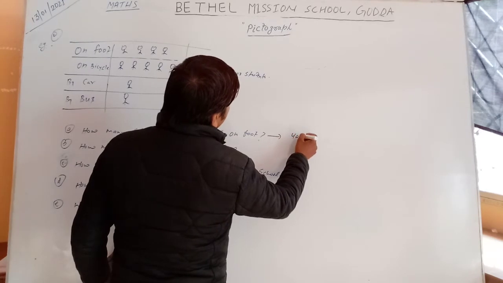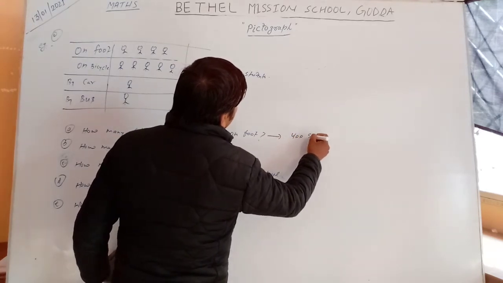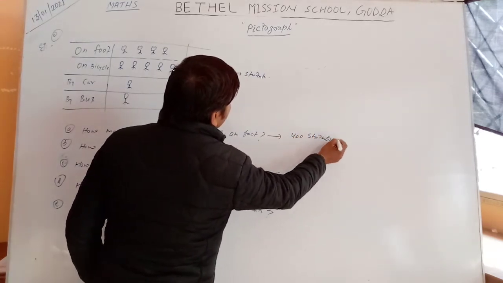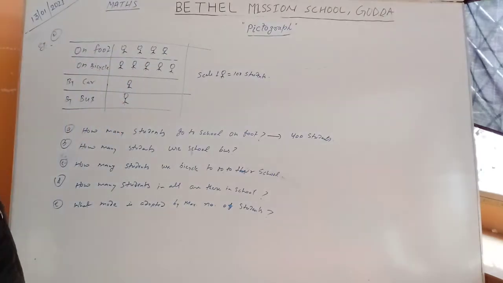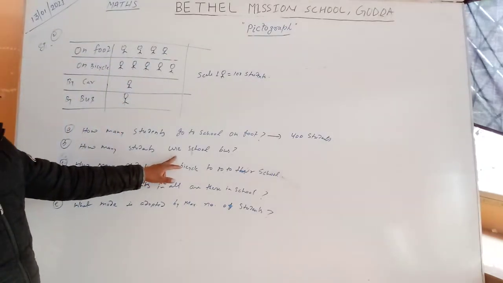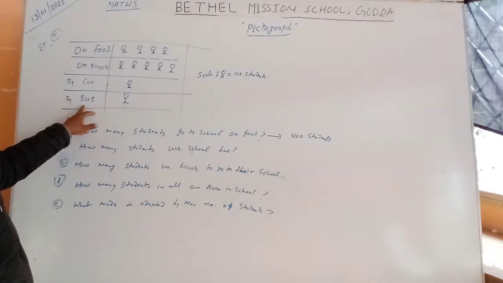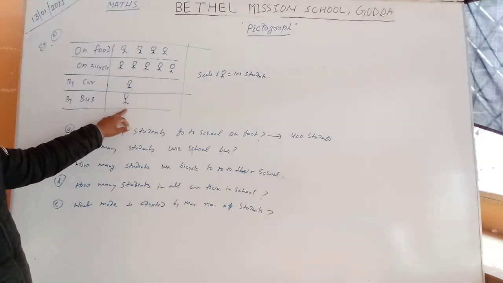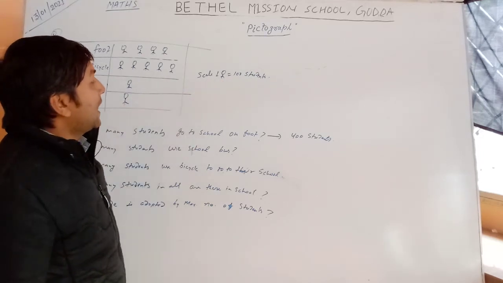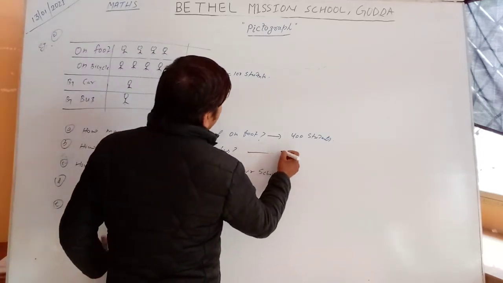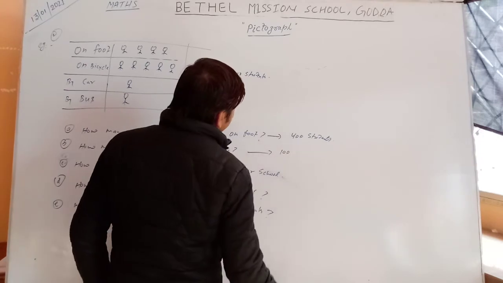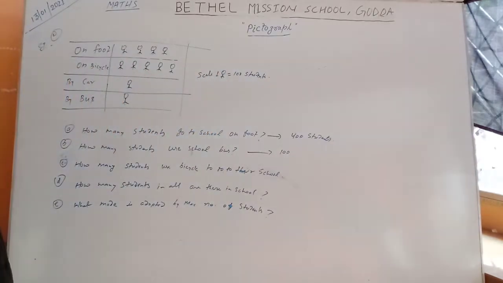So the answer is 400 students. Okay, and the second question, how many students use the school bus? One picture is given, one picture equals 100 students. So 100 students use the school bus.